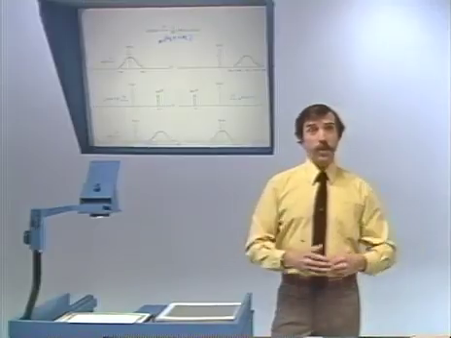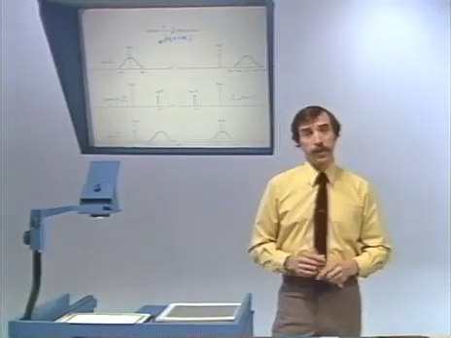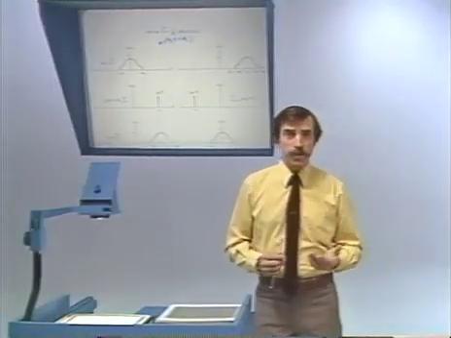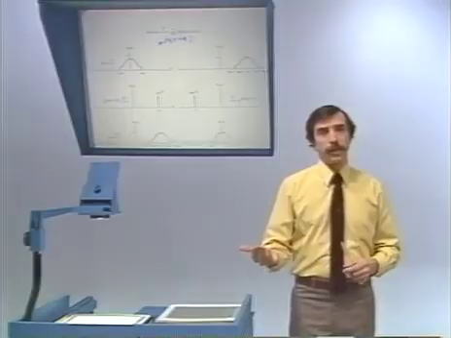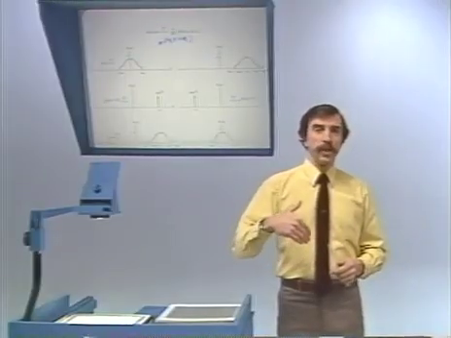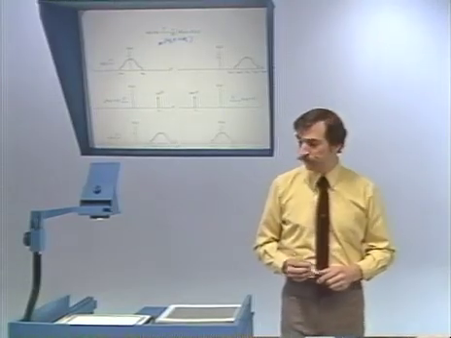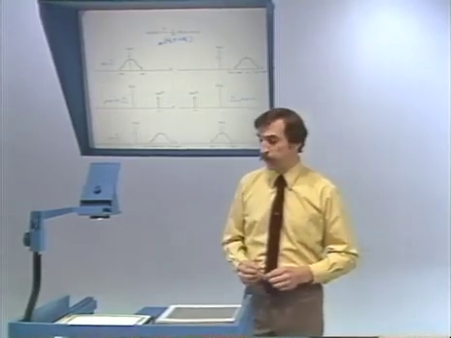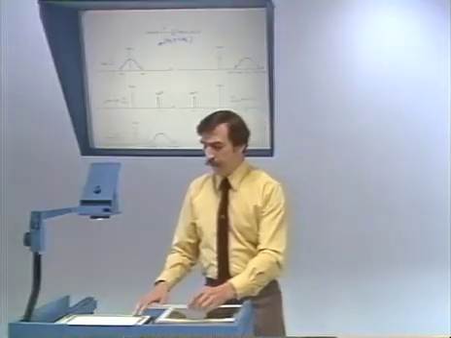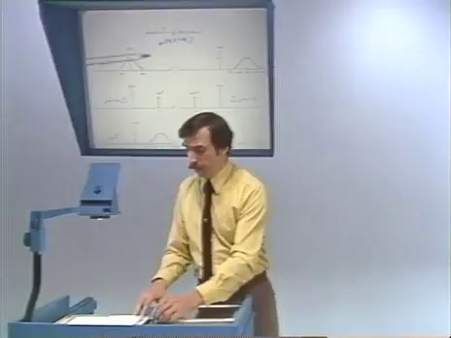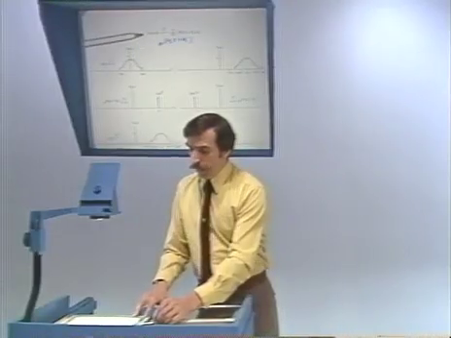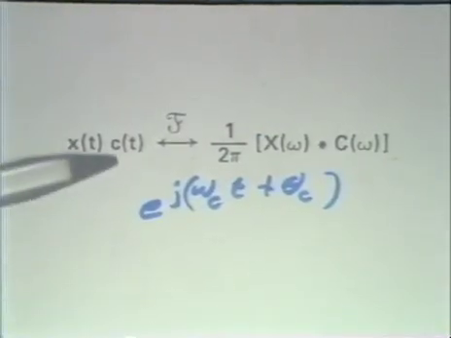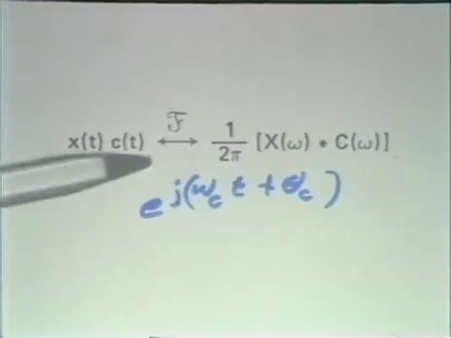Now, we've now modulated, in effect, to a higher frequency. Things are happening in a higher frequency band. And the next question is, how do we demodulate? Or in other words, how do we get the original signal back? Well, of course, one way that we can think of doing it, particularly in the context of this specific carrier, if we look back at the top equation, we have as the result of the modulation x of t times c of t, where c of t is this.